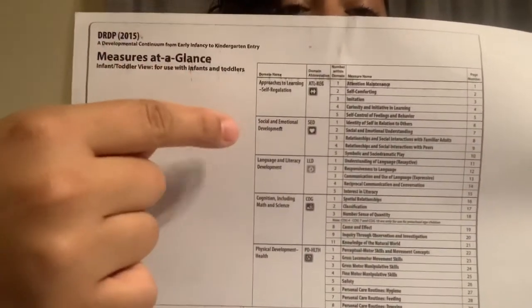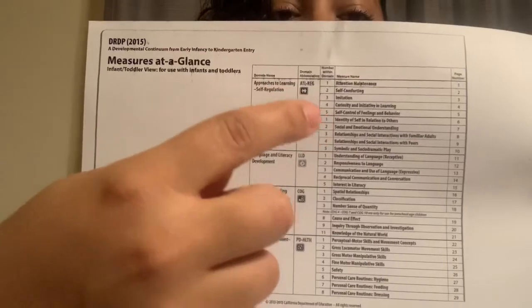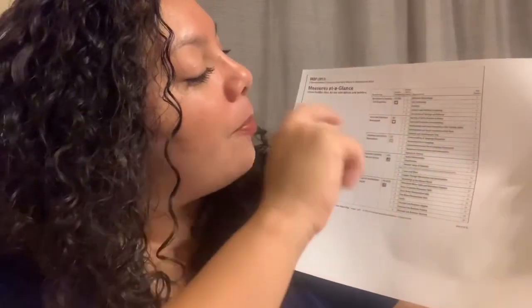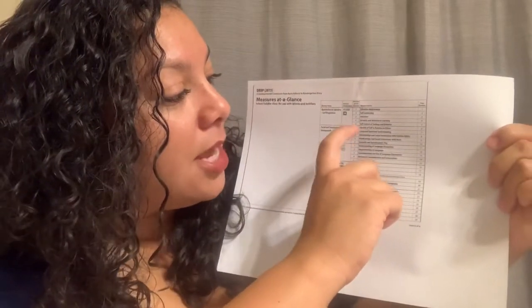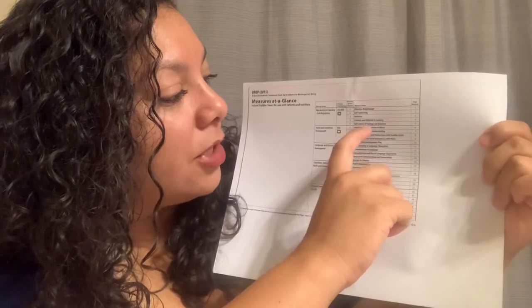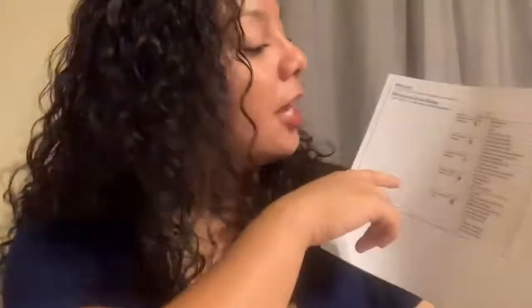Within those domains, we have subdomains. For example, we have approaches to learning, self-regulation. Within that domain, it's attention maintenance, self-comforting, imitation, curiosity and initiative in learning, self-control of feelings and behavior. Now that's just 5 within 1, and we have all of these to look for.